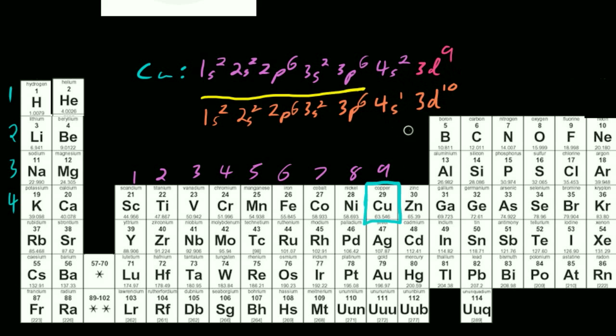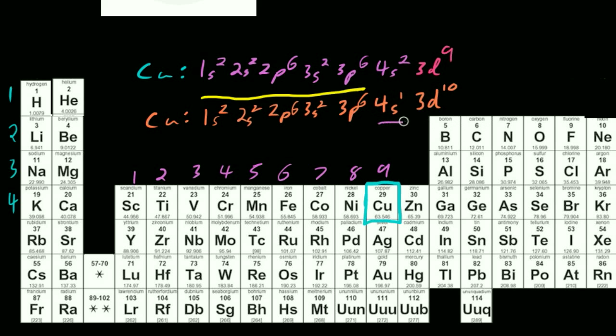And again, if you didn't understand me talking in the last video about how there is a certain amount of stability associated with a half-filled orbital, don't necessarily worry about that. I'll talk much more about this in the future.